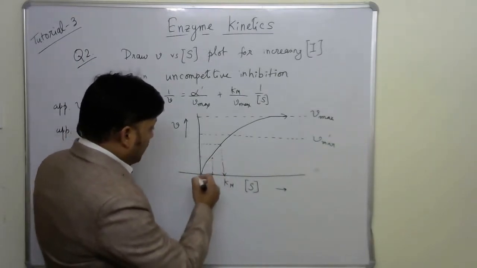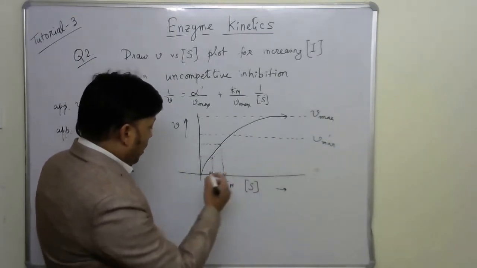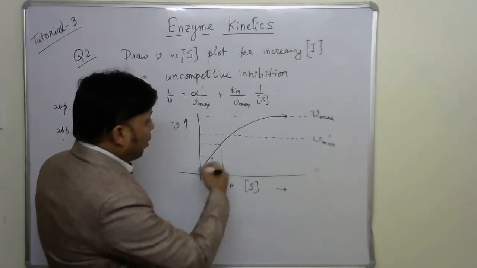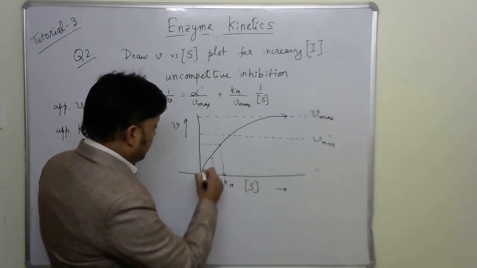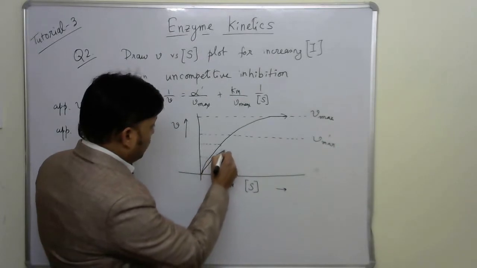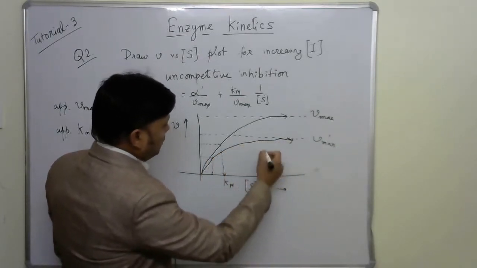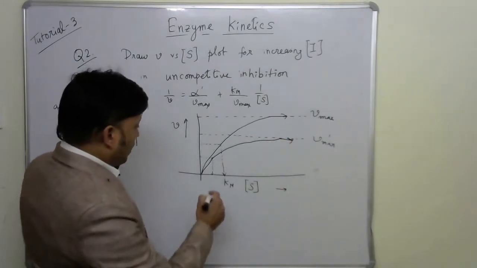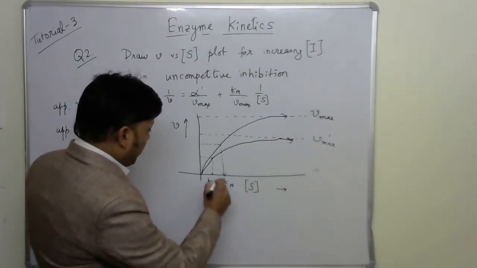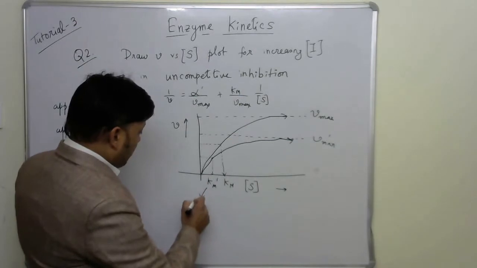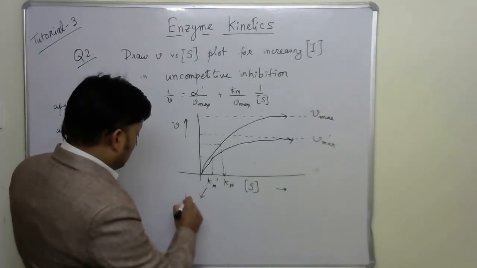So now it gives us a way to plot the V versus S curve. That curve will go like this and it will saturate somewhere over here. So therefore this is the Km prime. This Km prime signifies that this is Km divided by alpha.